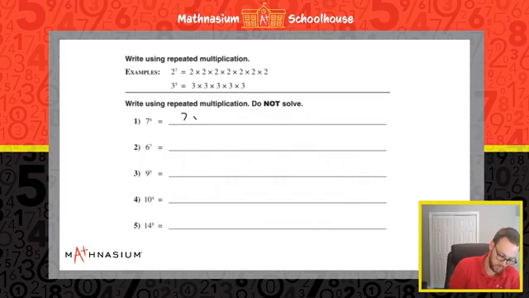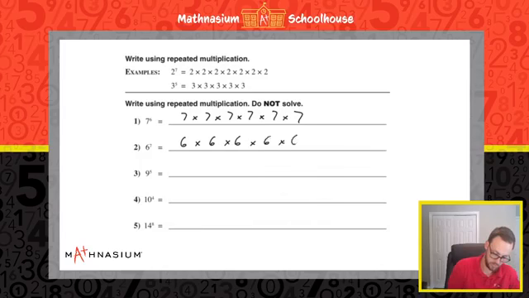So I have 7 multiplied by itself 6 times. So it would look something like that. Number 2 is 6 to the 7th power. So I have 6 multiplied by itself 7 times.